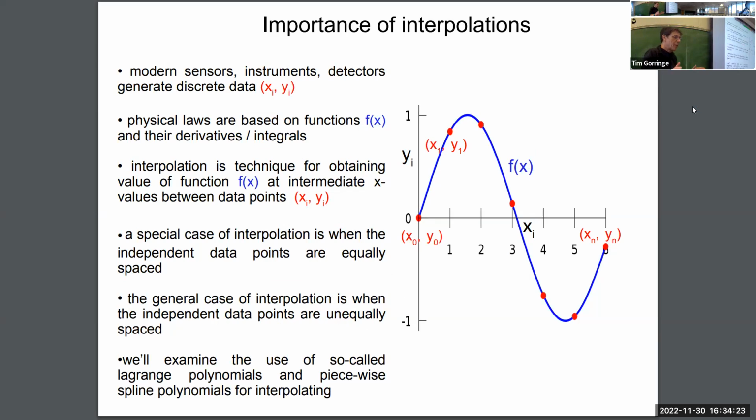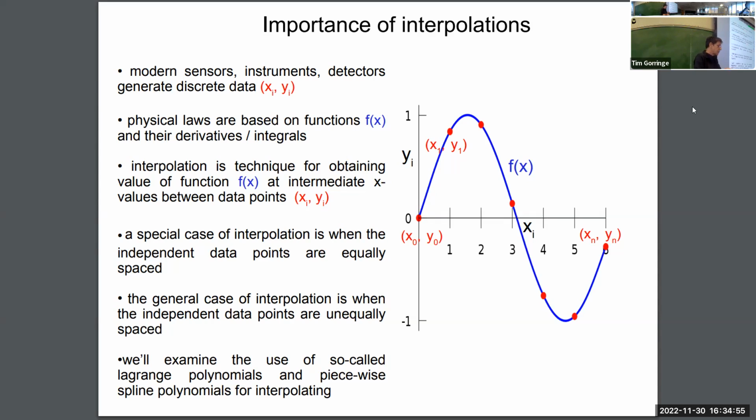So the purpose here is that many modern sensors or detectors or instruments generate a discrete array of data points. They might give us a discrete array of temperatures versus times in discrete time intervals and discrete temperature intervals.